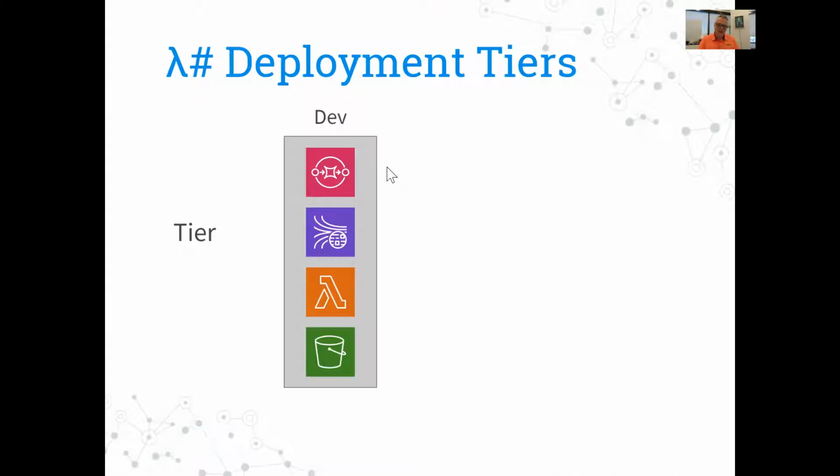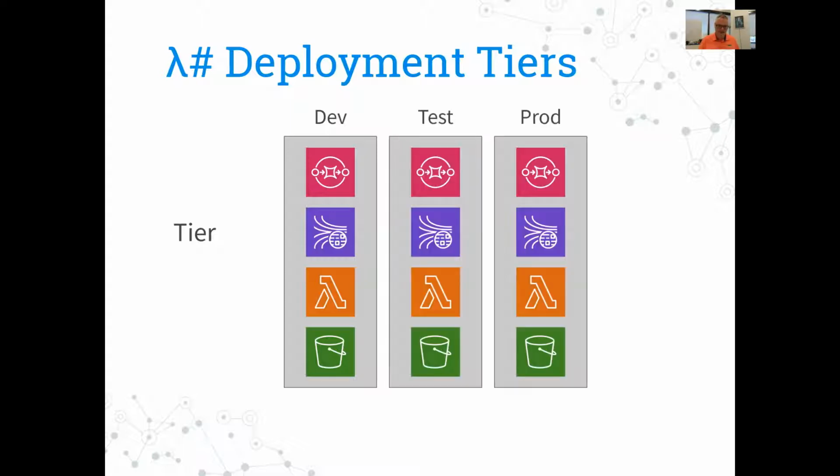So I touched upon this a little bit. What we're deploying right now is what we call a deployment tier, or simply tier for short. And it can have multiple resources or just a few. In this case, we have a basic one. The reason why we have deployment tiers is so that in a single account, in a single region, you can have multiple tiers which can be used for your development, for your staging, testing, and then for your production. And they don't have to have core services enabled or not.